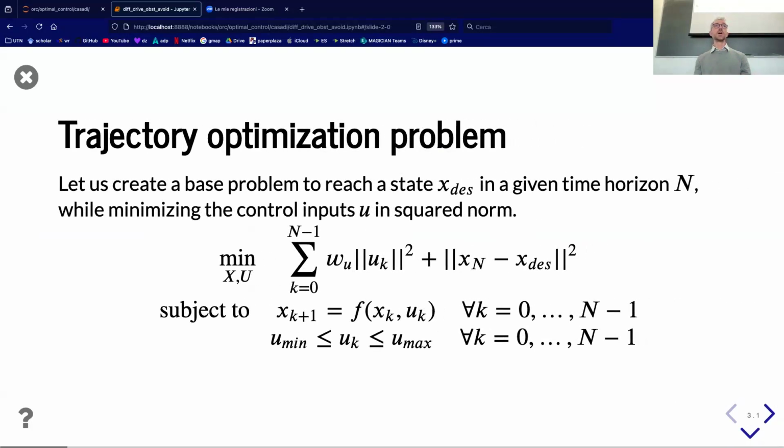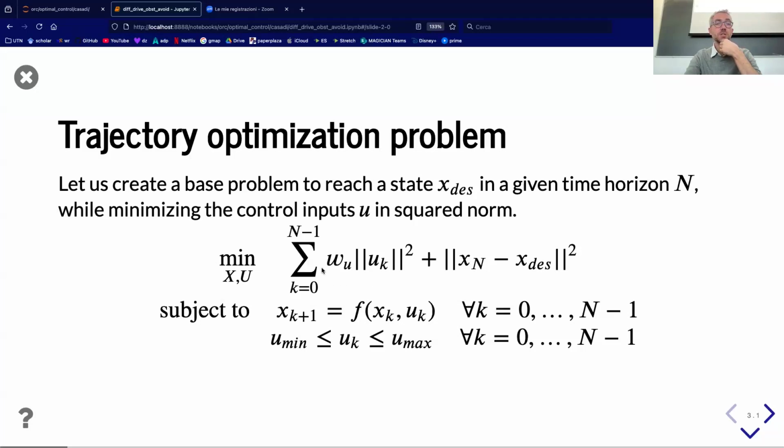And now we can start defining the trajectory optimization problem that we want to solve. I'm going to start with a very basic definition that is not considering obstacle avoidance, just to get started. So we have a desired state that we want to reach in the environment. So we're going to use a terminal cost for representing the fact that we want to reach that state.